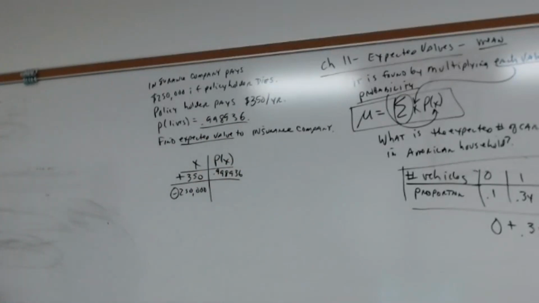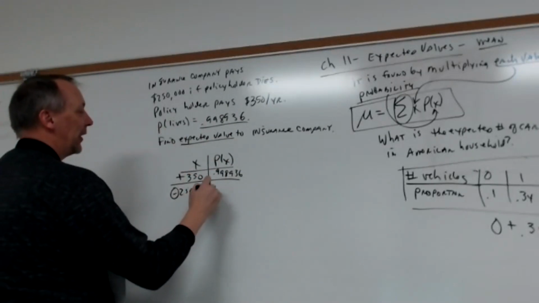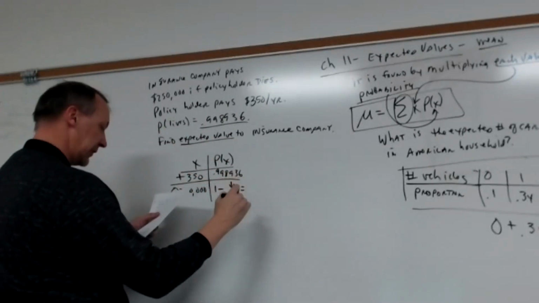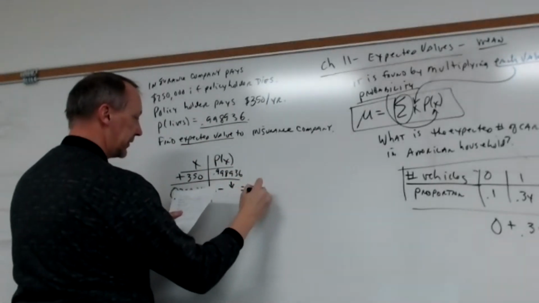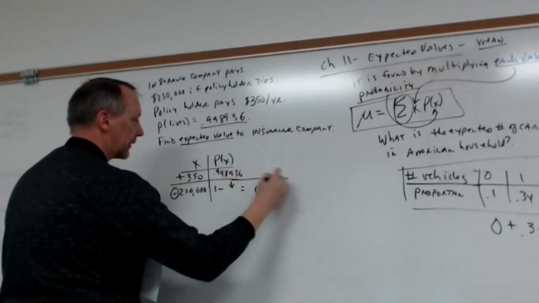What's the probability that he dies? 1 minus that number, which equals 0.001064.